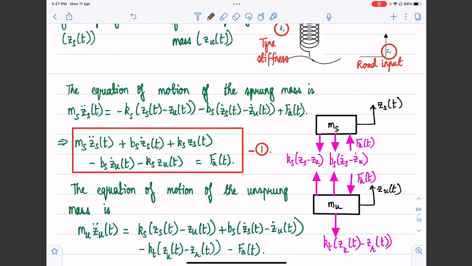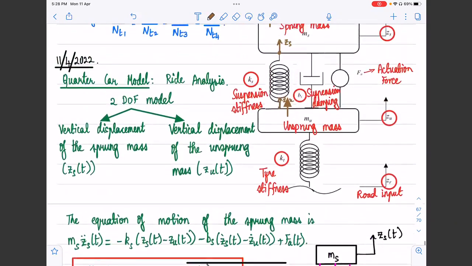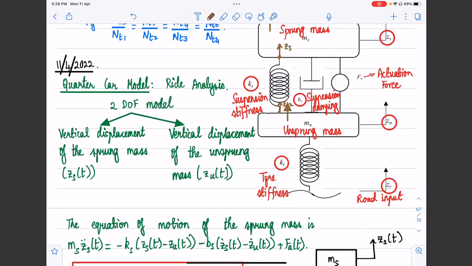So this FA is an inertial term? FA comes from the inertia. Sorry, not from the inertia, from the actuator. You see an actuator here, right?